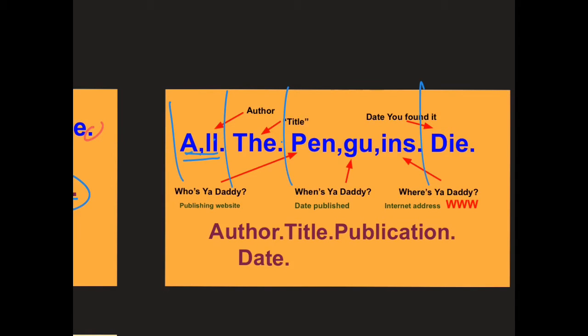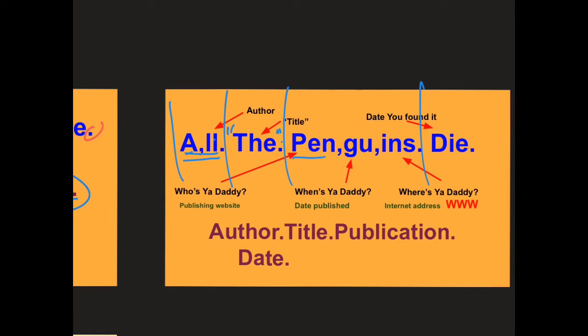So when we're thinking about a standard website, which is where most of you will be pulling your information from, we have an author of the website. We have a title of the page of the website or the article we found on the website. We will put that title in quotation marks. We have publication information. I call this the who's your daddy, when's your daddy, where's your daddy.